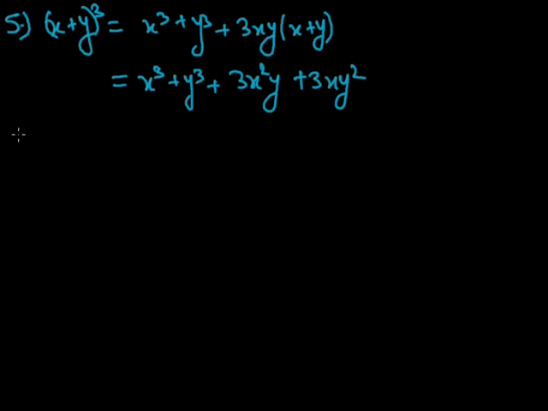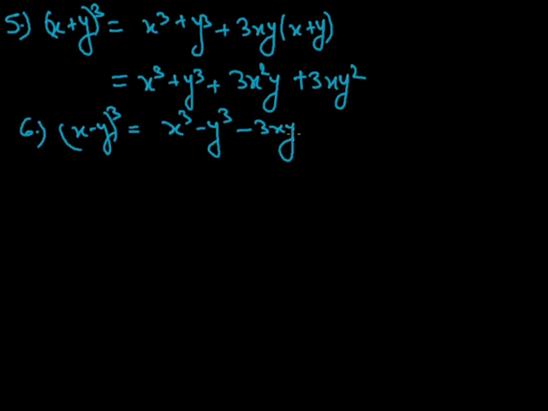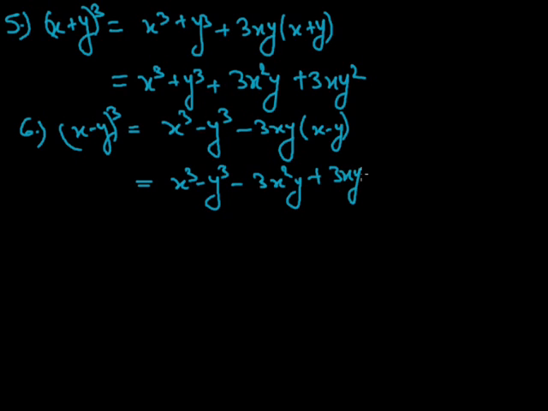Okay. Now the sixth one is (x minus y) whole cube, that is given by x cube minus y cube minus 3xy (x minus y), or you can write it as x cube minus y cube minus 3x square y plus 3xy square. You can rearrange it as you want.